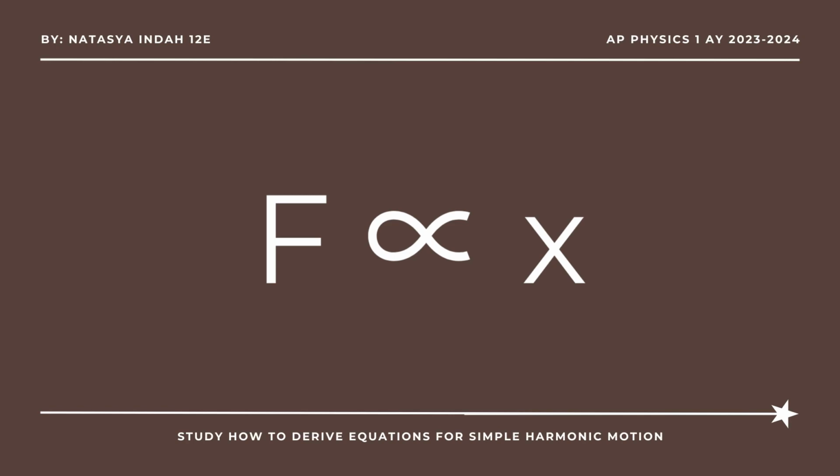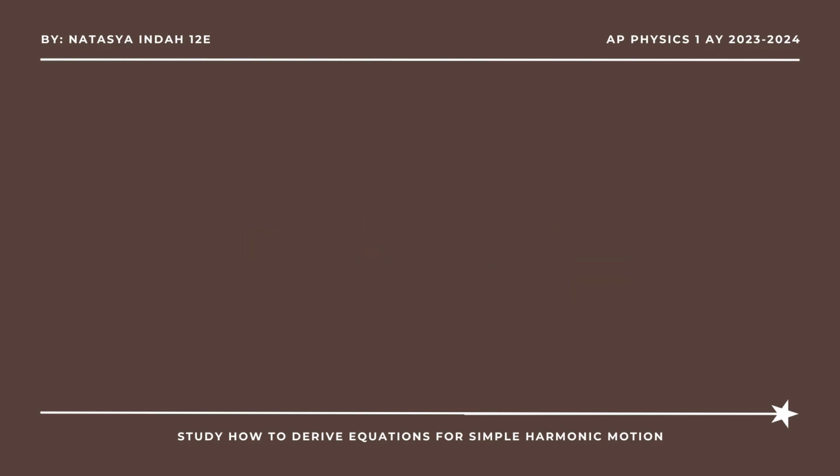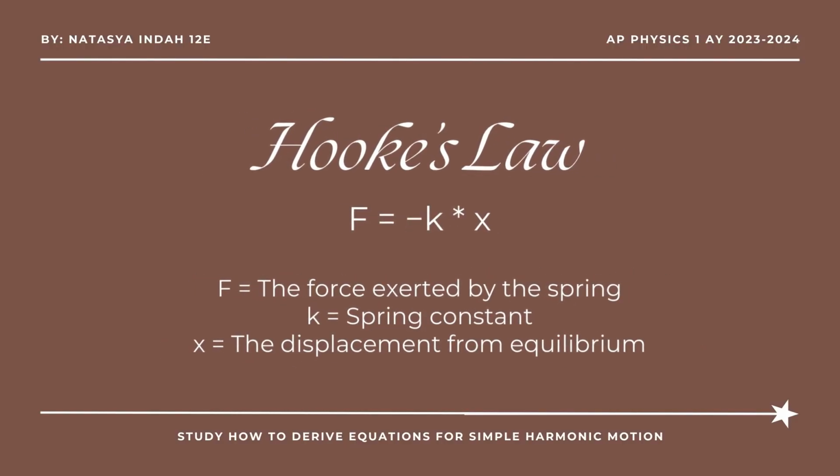This means that F and x will always be in opposite directions. Hooke's law starts with a negative sign to show that the restoring force is always opposite to x.